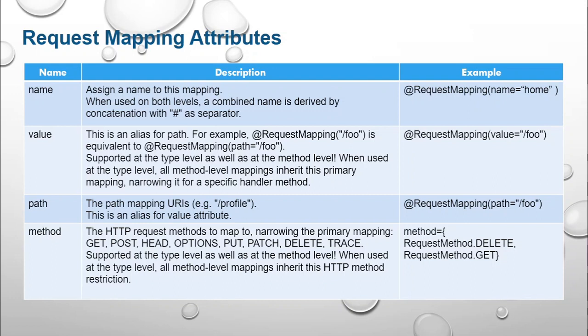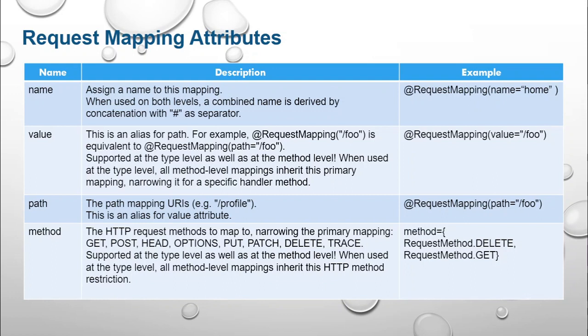Basically we can have a request mapping at the class level, and along with it at the handler method level. If the name is provided at both request mapping annotations, in the class level and in the method level, then one hash will come in between the names.